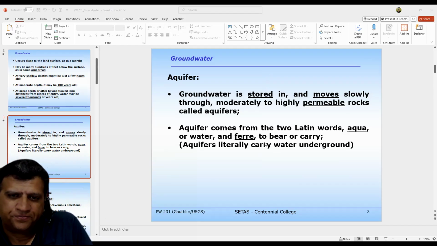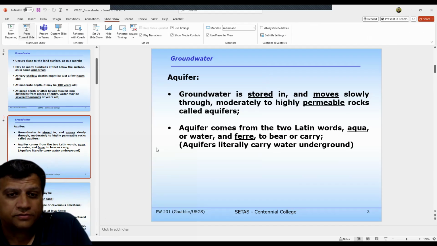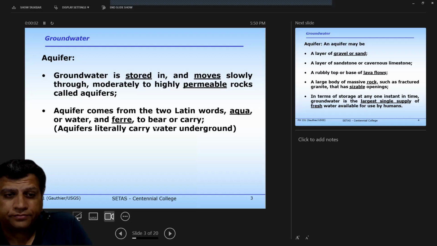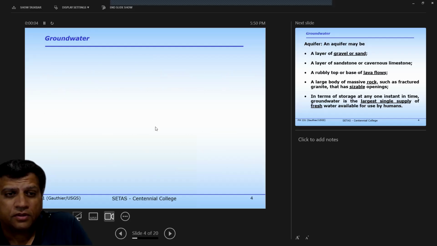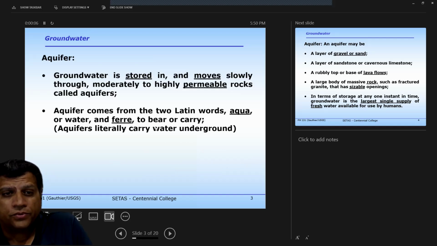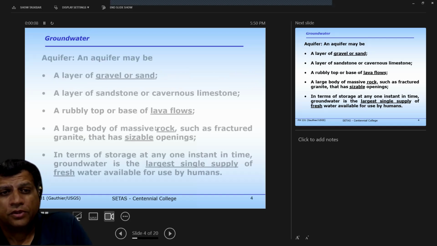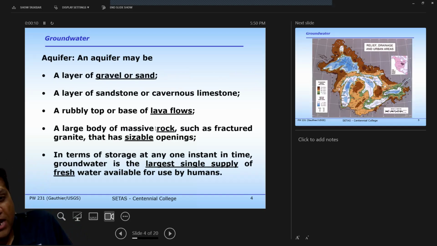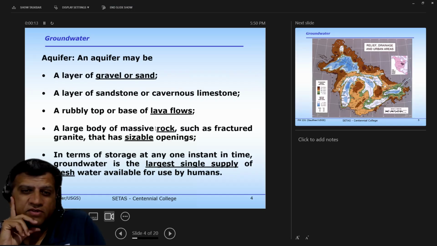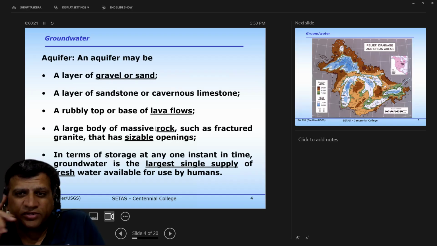It basically means a subsurface layer that can carry water. Some good aquifers are, for example, fractured limestone, gravel, or sand. If you have sand in your soil, you'll have some water flowing through it.